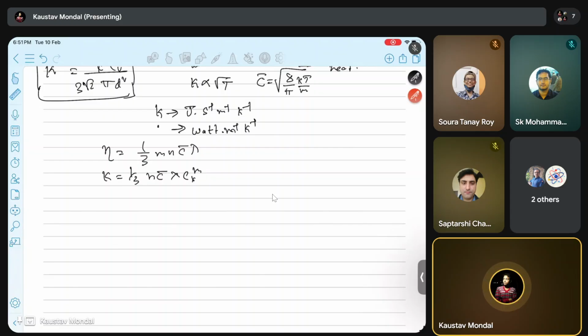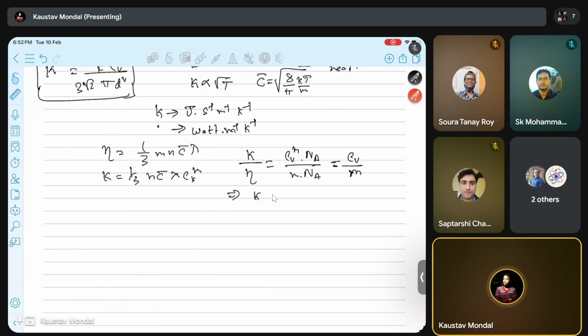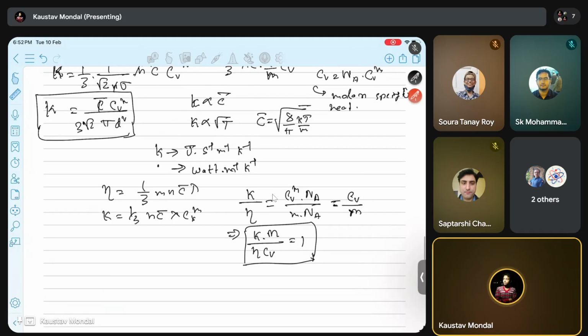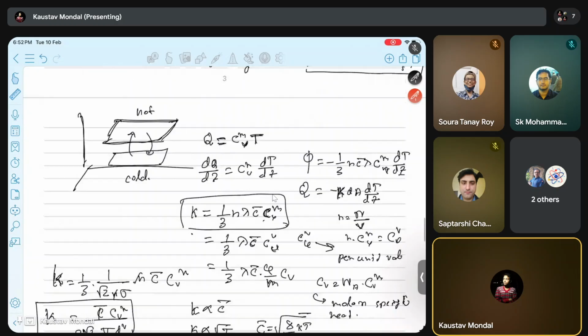So you can write kappa by eta as C_mV by N_A m into N_A, which gives C_v by m. So this gives kappa m equals eta C_v. This is a relation between the two coefficients, one related with conductivity and one related with viscosity, that is eta.